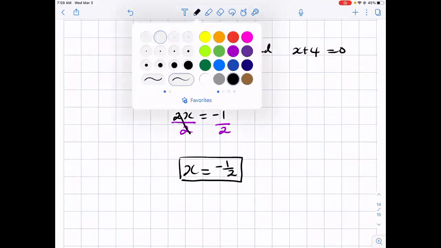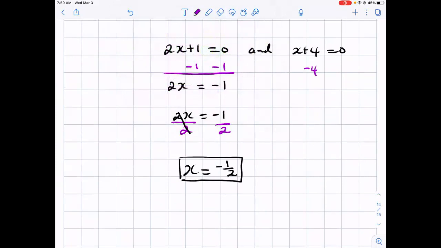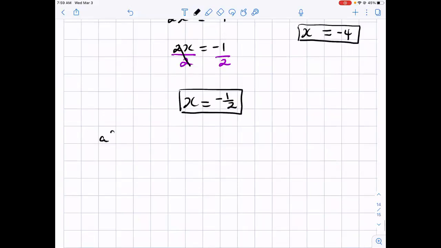Then we do the same thing: we minus 4 on both sides, and we end up with x equal to -4, since the plus 4 and minus 4 cancel. So this here is a possible answer. After you check each answer, you have to check both of them.